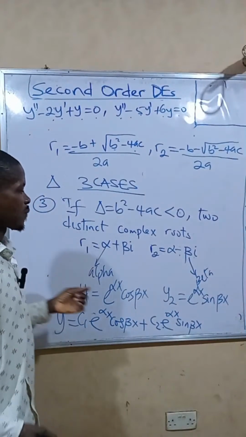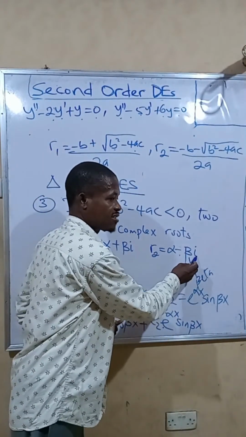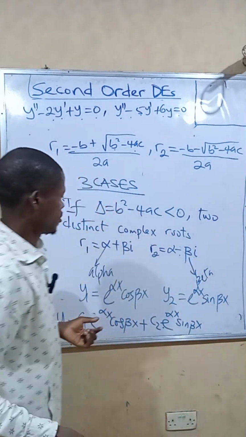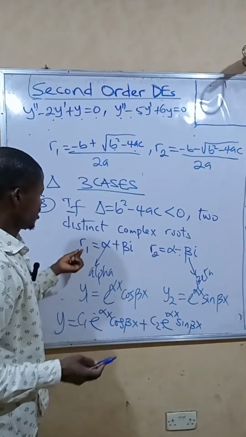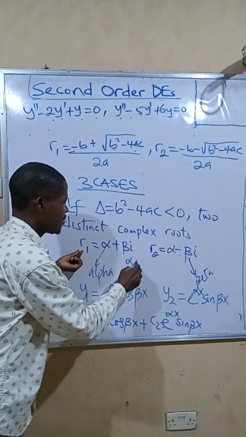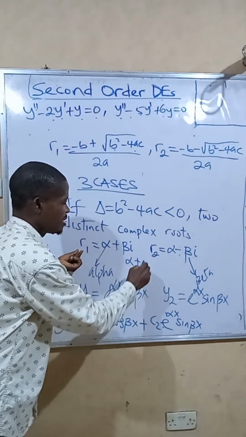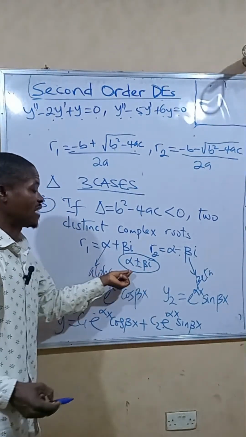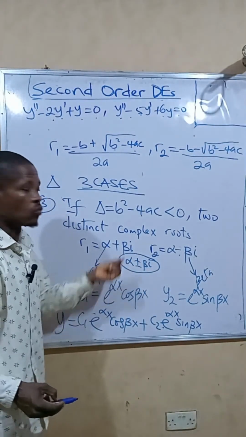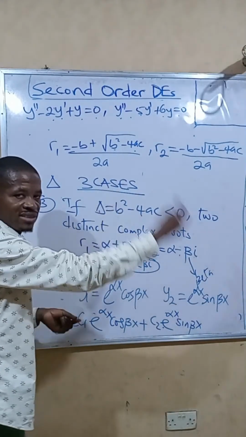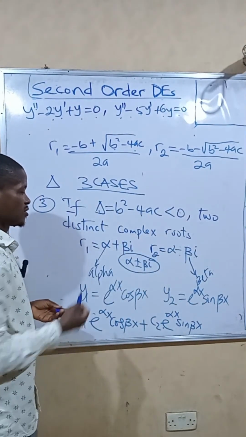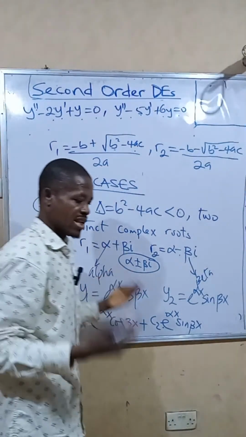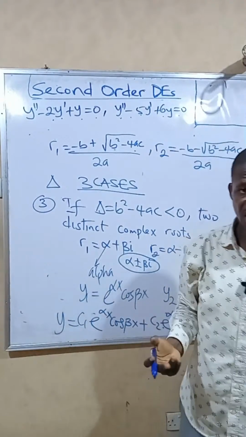The beta is the coefficient of the i. The solution is alpha plus or minus beta i when the discriminant is negative. So that's the three cases we can have when you solve your auxiliary equation.